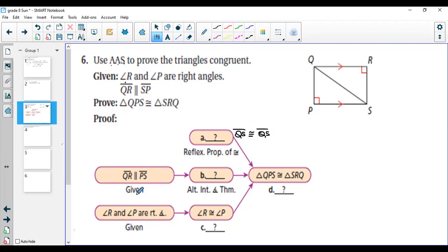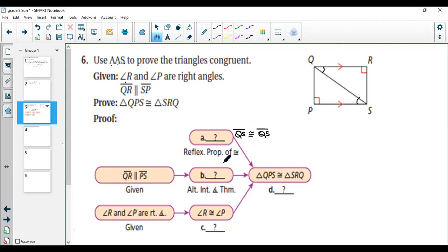Okay, this is given. QR is parallel to PS is given, which is the alternate interior angles theorem. Now, alternate means opposite, interior means inside. We can say this angle is equal to this angle because of alternate interior angles, right? They are alternate interior angles. So they just want you to write a pair, that's all.